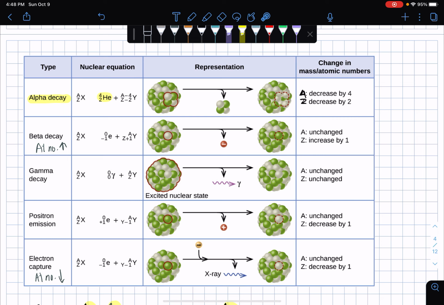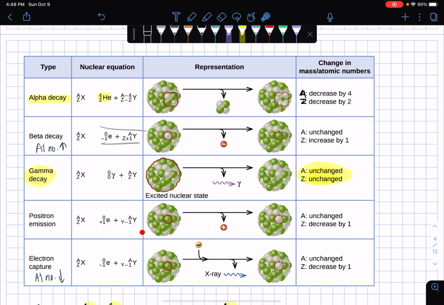The atomic number would increase by 1 in the context of this expression. For gamma decay, the atomic mass still remains unchanged, as well as the atomic number. It's pretty easy to remember gamma decay.